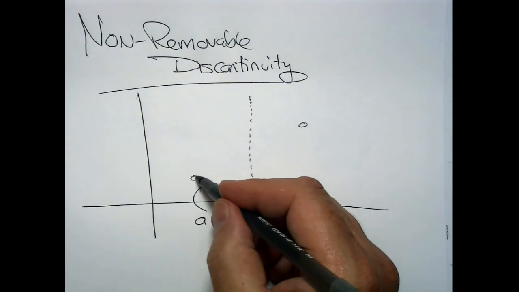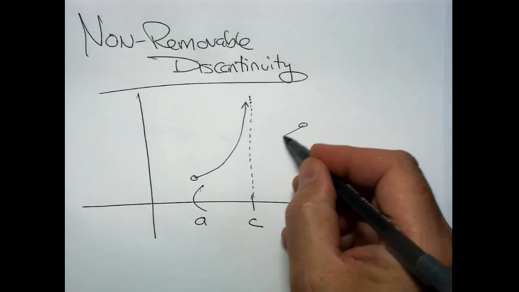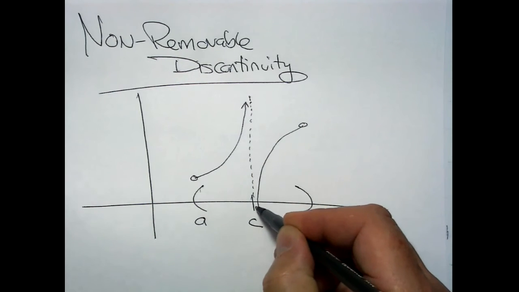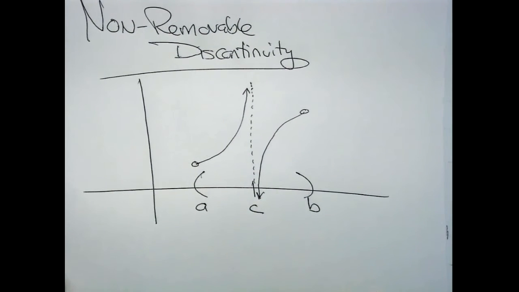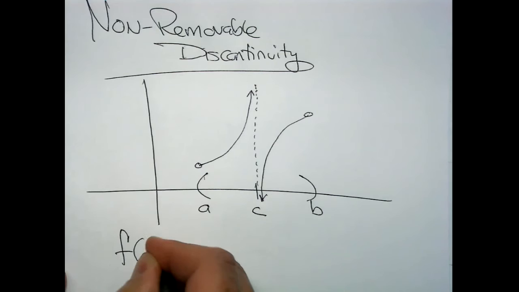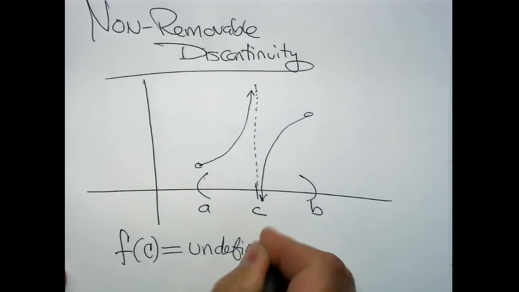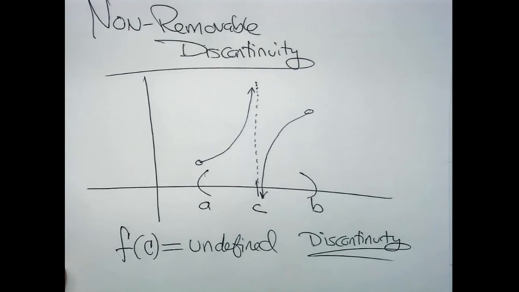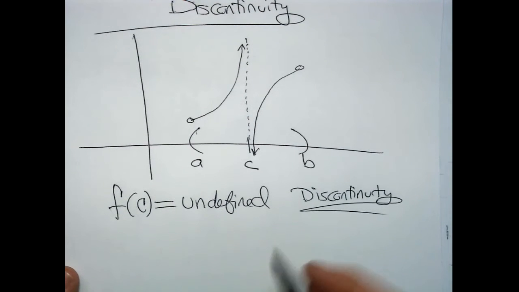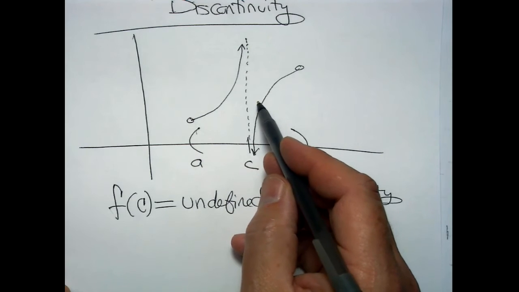We had an asymptote there. And this curve shot right off the page like this. And then maybe it did the same thing here and shot off the page in that direction. Now, the first thing to note here is that the f of c is very much undefined, and that right away tells you discontinuity. There's a break. But is it a repairable break? Repairable means that you can redefine the f of c to connect these two wires.